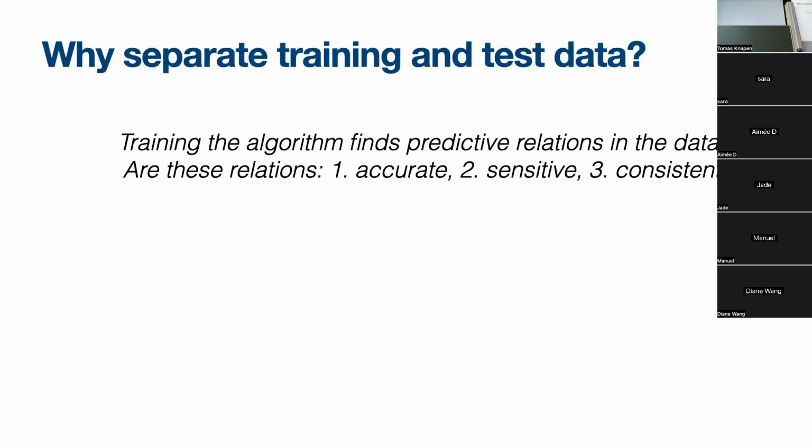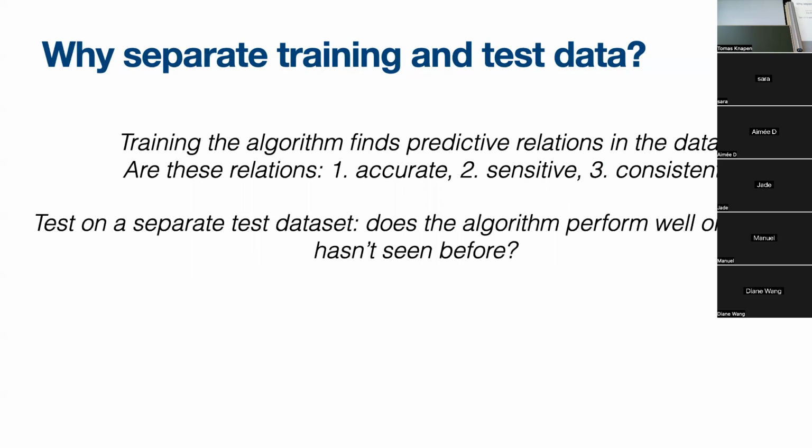Now, again, I just want to highlight this idea that you always want to separate training and test sets. It's completely trivial for most of you, I hope, but I want to highlight it because it's something this field has made mistakes in. It's something that I keep reiterating, right? You want this classification algorithm to find something real, something consistent, something specific, meaning accurate, and sensitive.